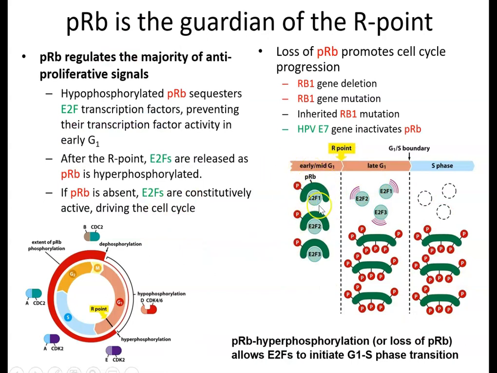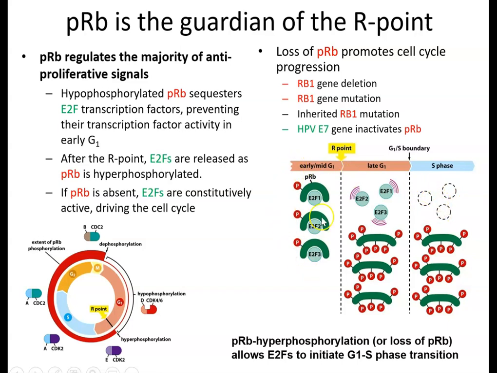This is the retinoblastoma protein, this is the E2F transcription factor in early mid G1. We then get phosphorylation events put on there by cyclin D activation of CDK4. We then get cyclin E activation of CDK2. That hyperphosphorylates PRB. We get release of the E2F transcription factors, and those E2F transcription factors in S phase are bound to chromatin, switching on S phase relevant genes.